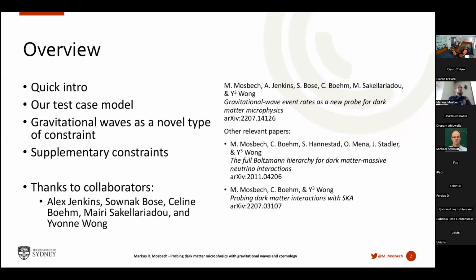Then I will present the novel type of constraint we have developed using gravitational waves. And finally, I will add some other supplementary constraints to this type of model from cosmological data. And of course, I haven't done all this alone, so thanks to collaborators, and for anyone wanting to read the papers, they are right here as well.